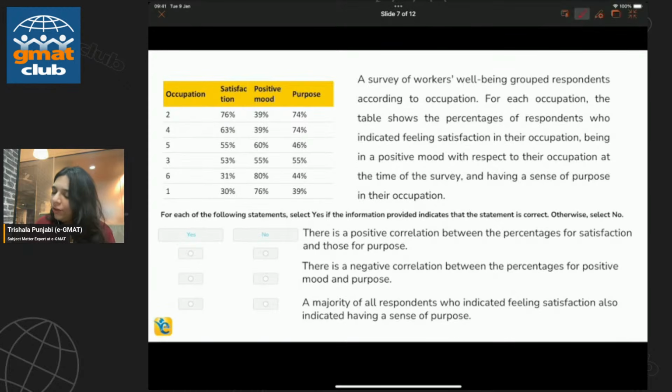And actually, before we go to the next question, I want to ask you, up until now, are you enjoying the session so far? What have you learned? And again, I want you to tell me actionable insights. What is something that you're going to take from the session and apply to your DI practice, or to GMAT practice in general?